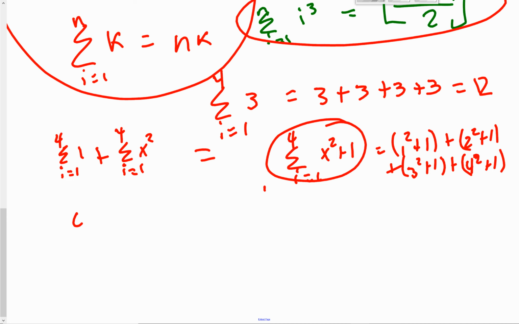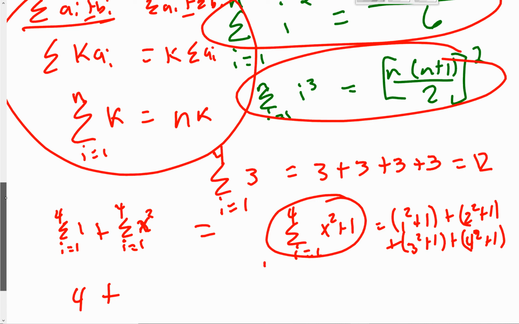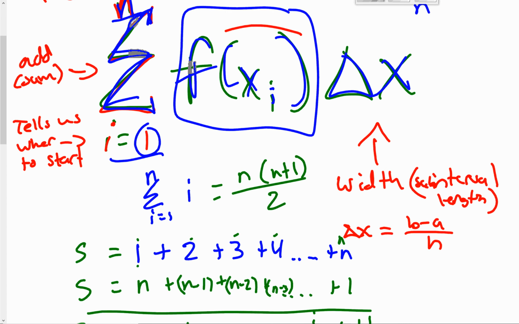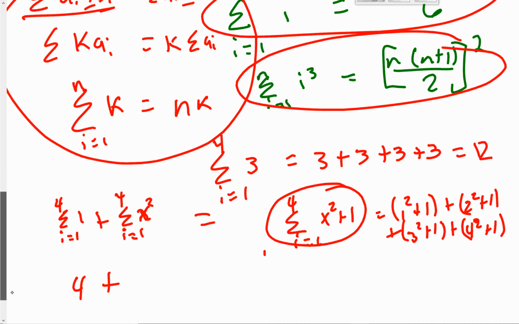So 4 times 1 is 4, so this is just 4 plus the sum of the first 4 numbers squared. This x in this notation, this x squared, is our function x squared, that's just the same as this function right here. This i just stands for what number you're dealing with, the first x, the second x, and so on. So that x i is used in there.